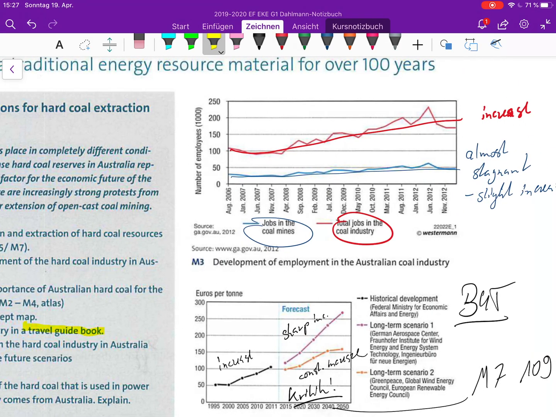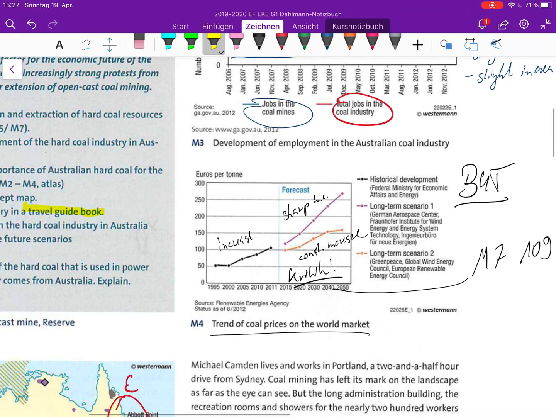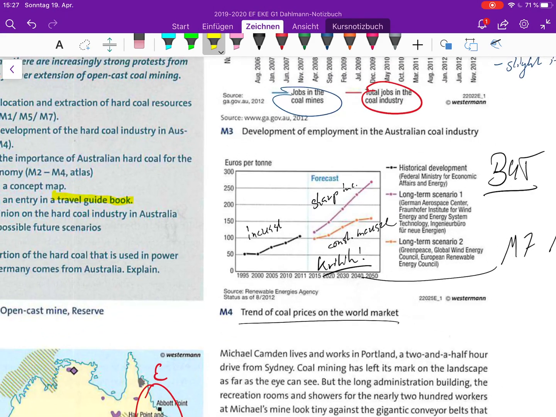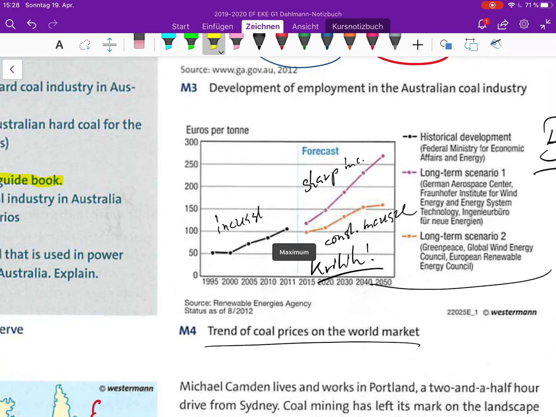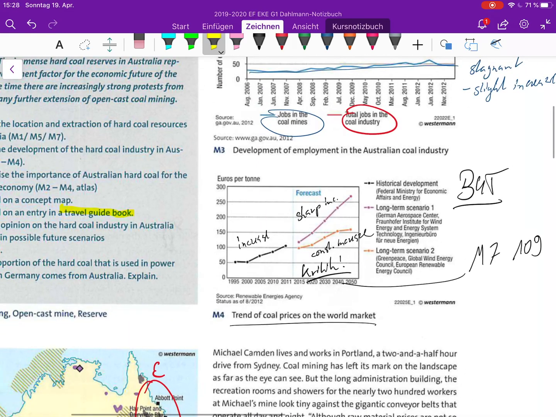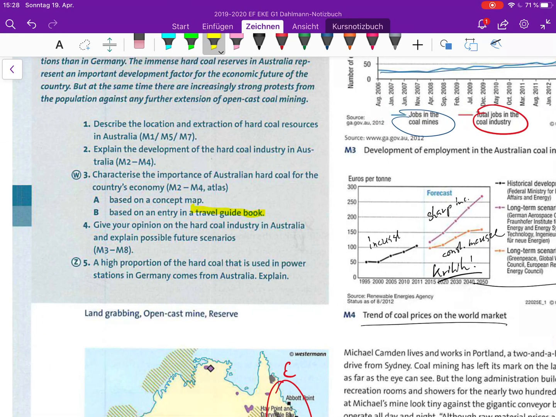From 2006 onwards, the total amount of jobs in the industry has also increased, while the jobs in coal mines has only slightly increased. So the jobs in the industry and other parts of the industry are very important as well. The question is for the future. In the past, the price of coal has constantly increased. However, how the price will fare in the future is still an unknown. That could be something that you could have written.